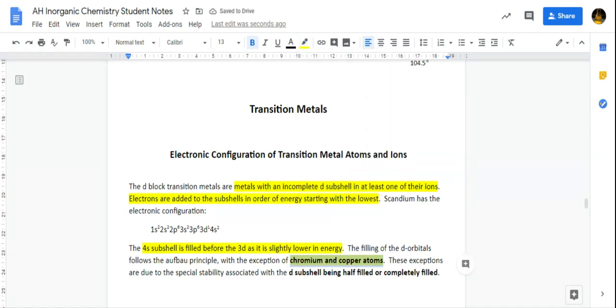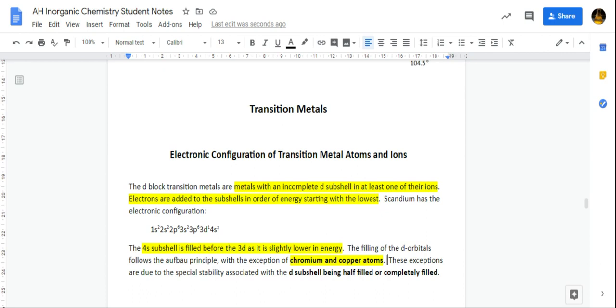If you have a look at a chromium electron arrangement, what you would think it would have would be 1s2, 2s2, 2p6, 3s2, 3p6, and it would look as though it should be 4s2, 3d4. However, instead, the actual arrangement becomes 1s2, 2s2, 2p6, 3s2, 3p6, and then it has 3d5, 4s1.